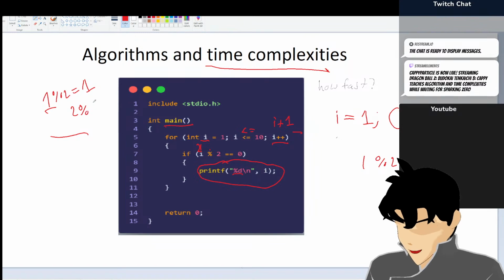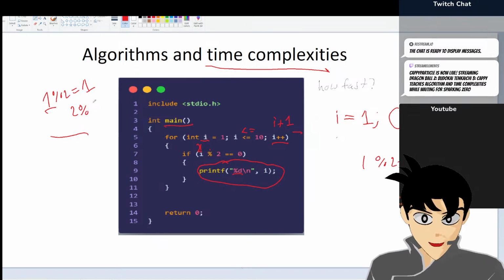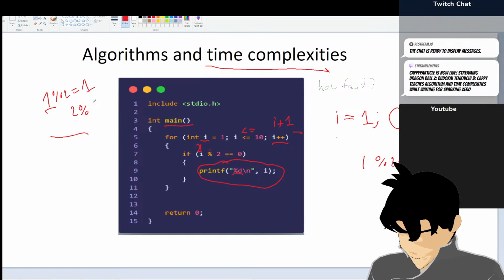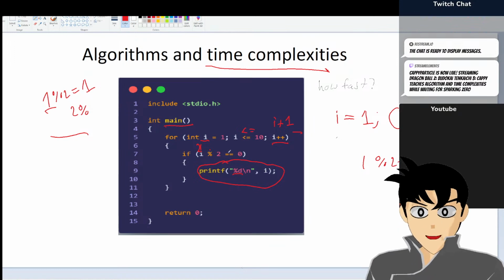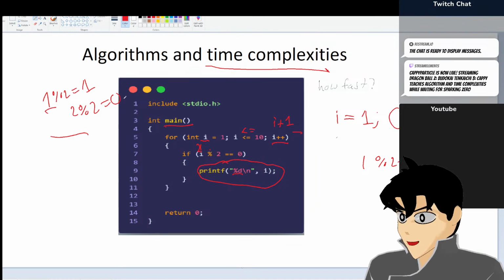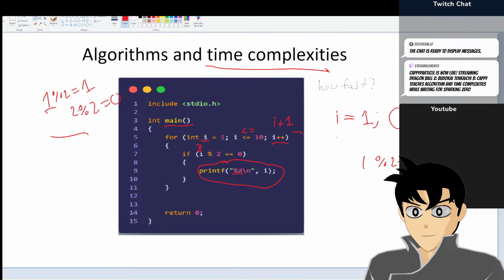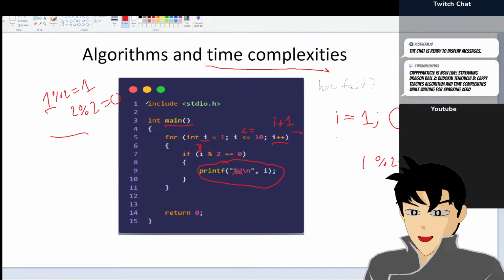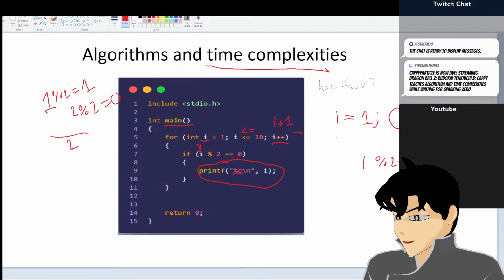Let me check that it's actually called modulus, because I don't want to spew misinformation. Yes, it is modulus. It's basically asking for a remainder. So 2 modulus 2 equals 0, because there are no remainders, so it would print 2.